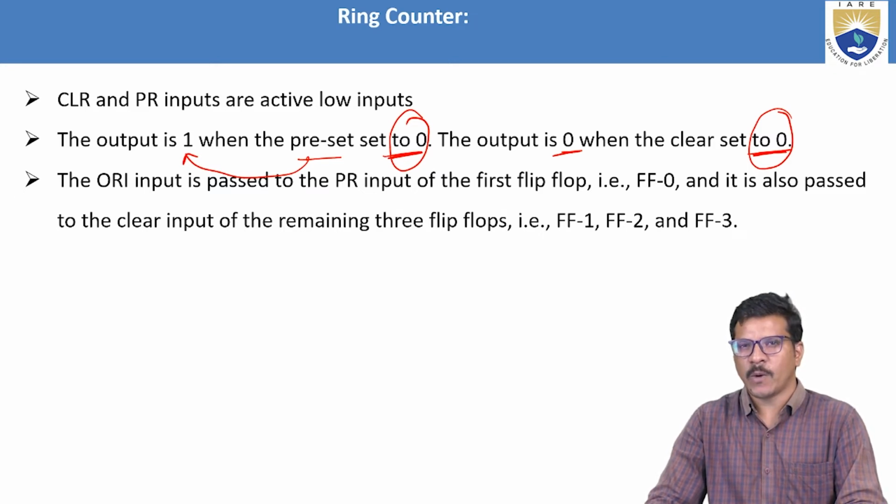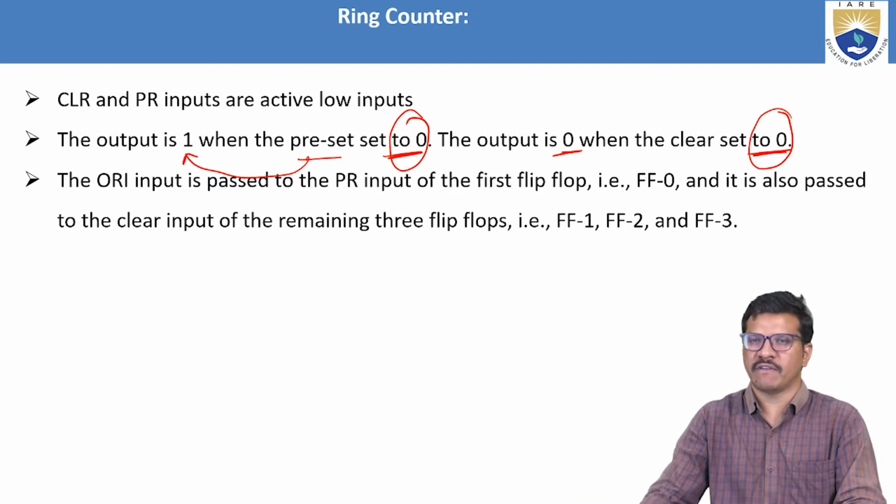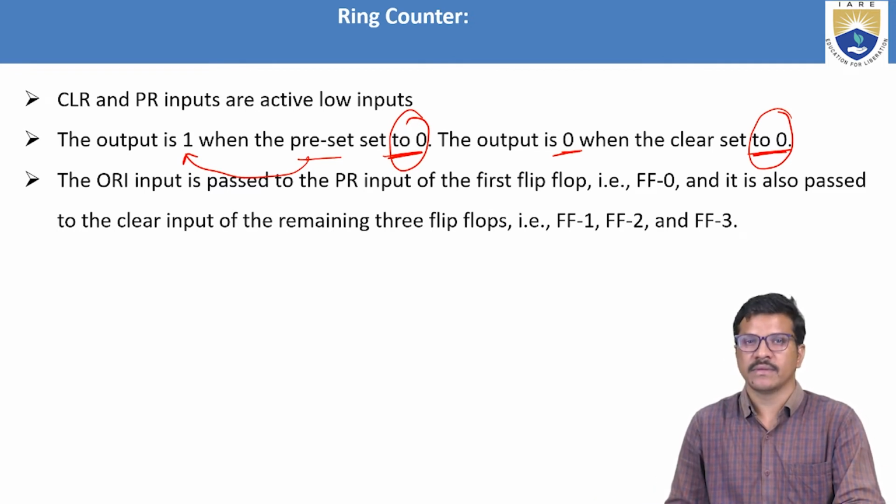In this ring counter especially, the flip-flop FF0 is the first flip-flop. So this ORI input is passed to the preset input of the first flip-flop, that is FF0, and it is also passed to the clear input of the remaining 3 flip-flops, FF1, 2, 3.